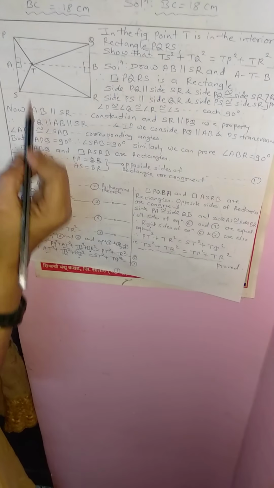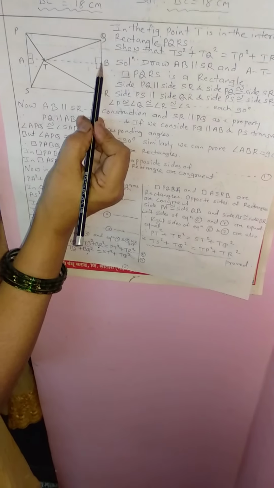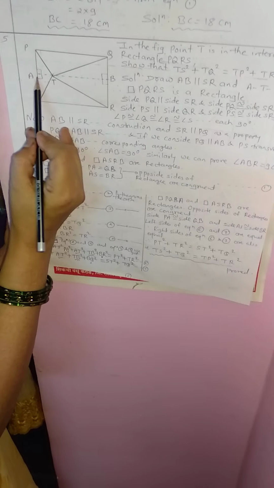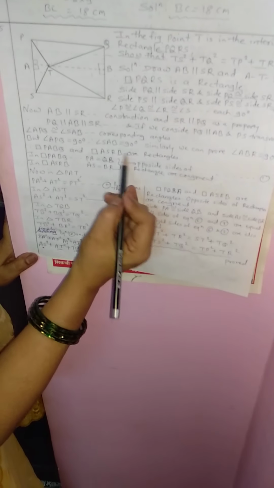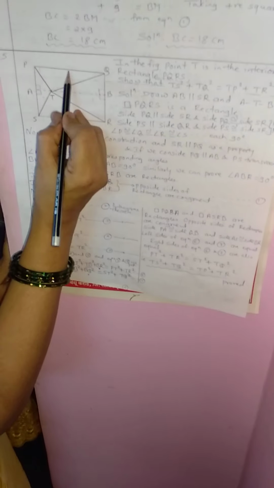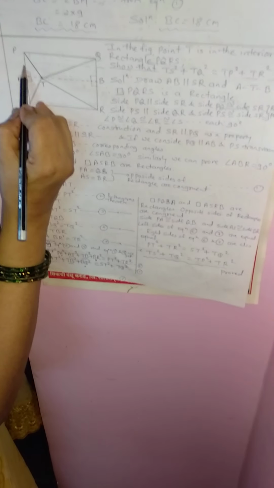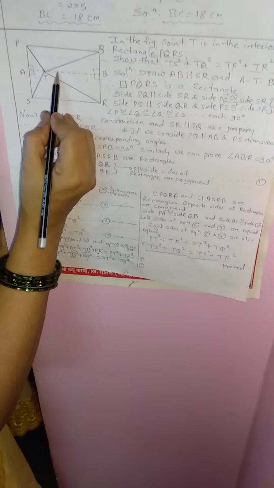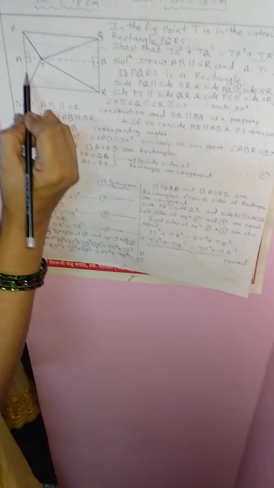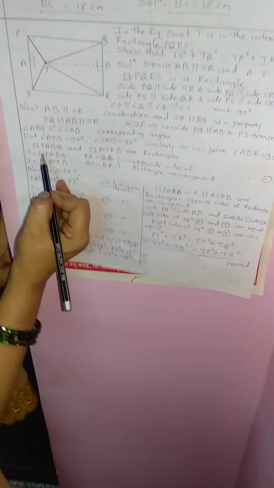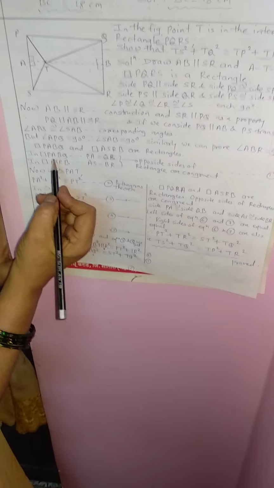Now quadrilateral PABQ and quadrilateral ASRB are both rectangles. So this is equal to this, and this is equal to this. Are you understanding the properties?